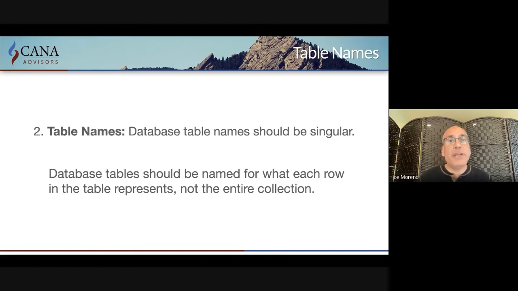Table names: when you name tables in a database, the name should almost always be singular, because you're identifying what a single row in a database table represents. So if you have a list of employees, the database table for that should be employee.